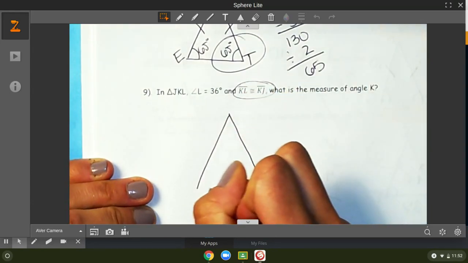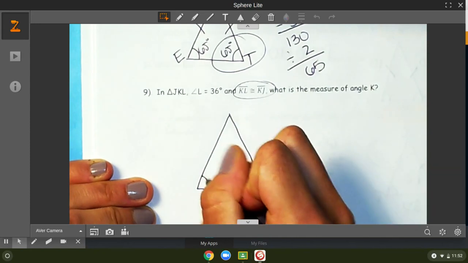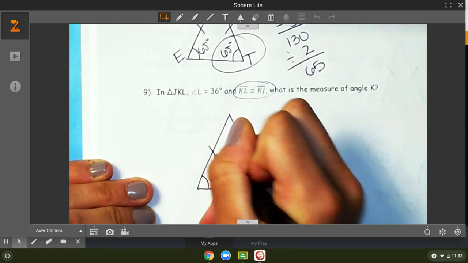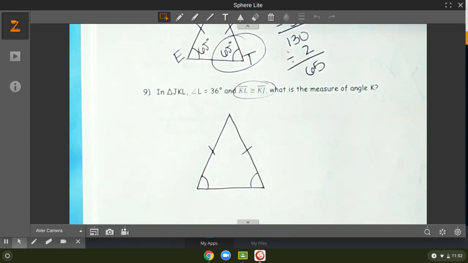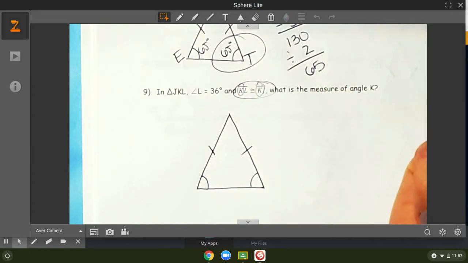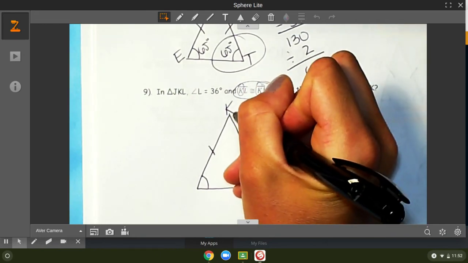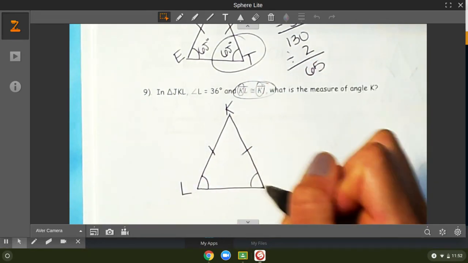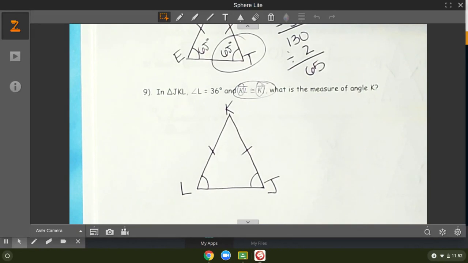So we are going to make an isosceles triangle. We're going to draw 2 equal angles and 2 equal sides. Now you have to determine which angle is the vertex angle, the angle at the top. We'll look carefully at which letter is repeated. Letter K. So K goes at the vertex, which means L and J are at your base.